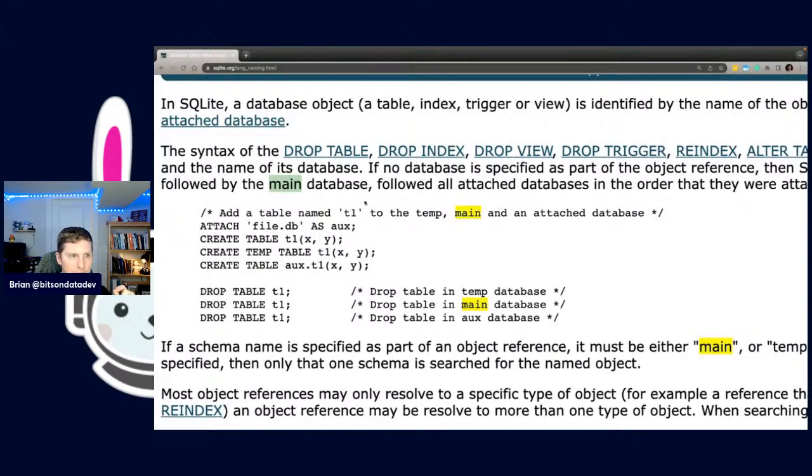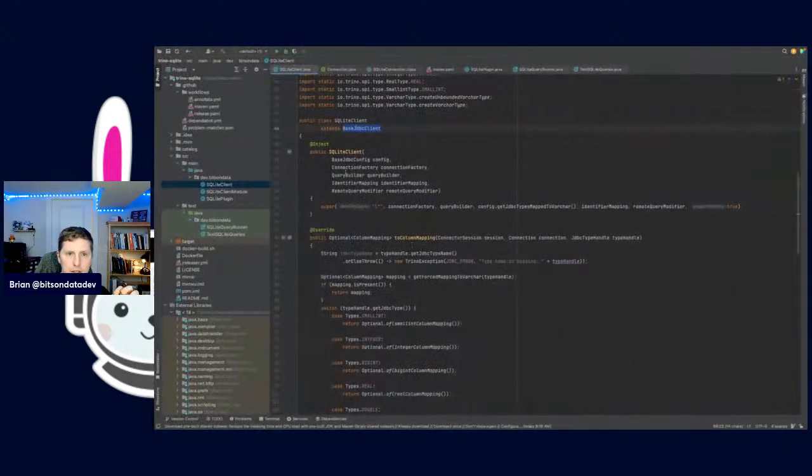I want to pull up Trino one more time. Oh, here, I need to pull this off of this because this is way too small. Let me go to my other screen here. I'm going to place the code in there so that way y'all can see the code a little bit better.